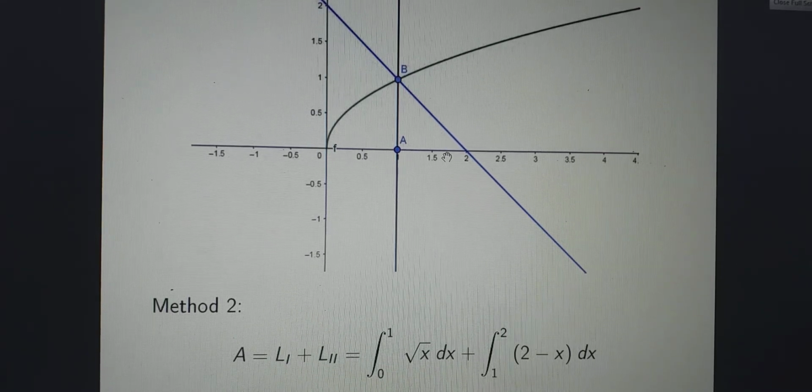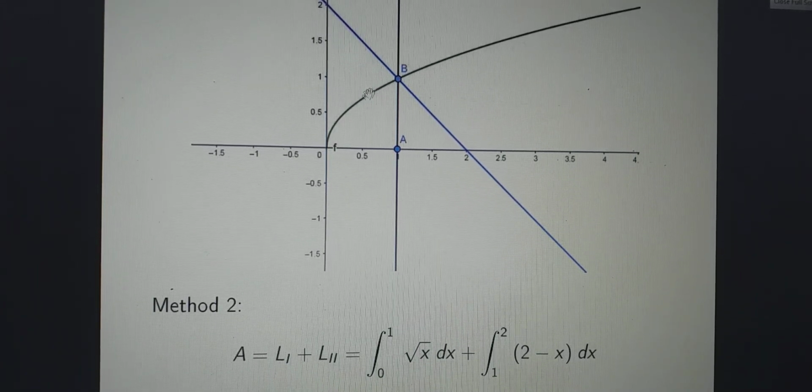In this orientation, we cannot integrate directly from 0 to 2, because if we consider the x orientation from 0 to 2, the green curve is not always above the blue line. So we must divide the region D into two parts, part 1 and part 2.